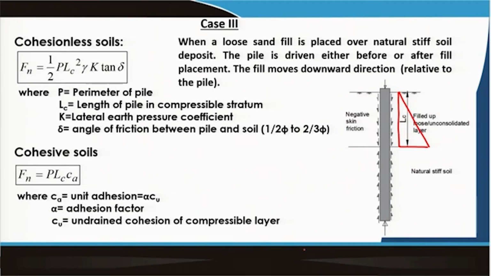But if clay is placed over the soil and the undrained properties are available, then you can use that condition. If the drained properties are not available, then only you can use it; otherwise you should use the drained properties. In the next class I will solve one particular problem to show you how you can determine the negative skin friction. Then I will finish this pile part under compressive loading. Thank you.